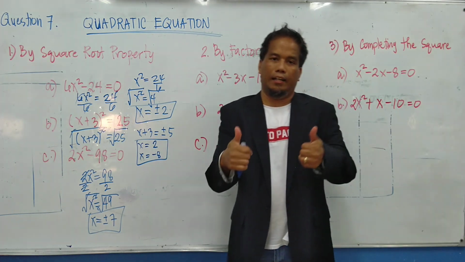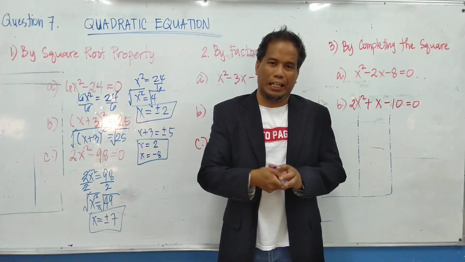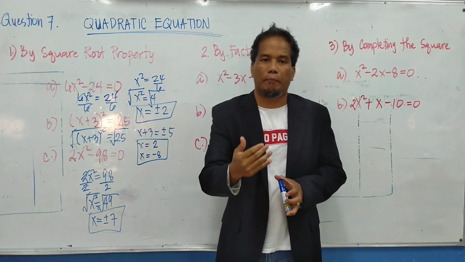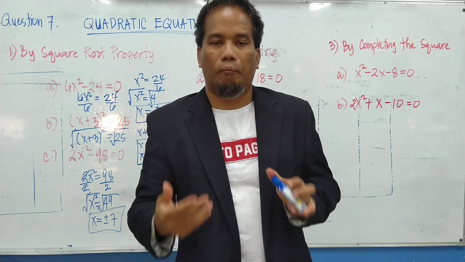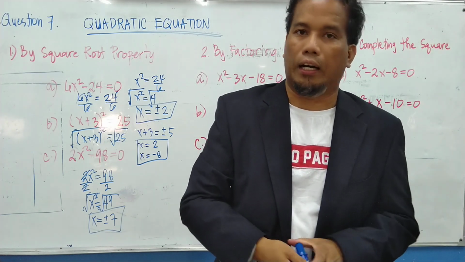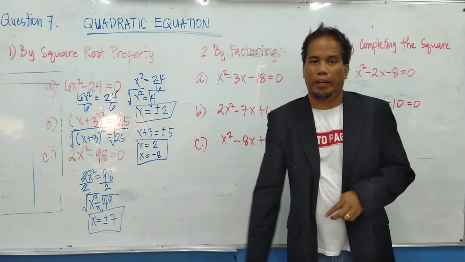Did you get, guys, how to use the square root property? Mostly, you can easily determine whether you are going to apply the square root property if the given polynomial is an incomplete quadratic equation.